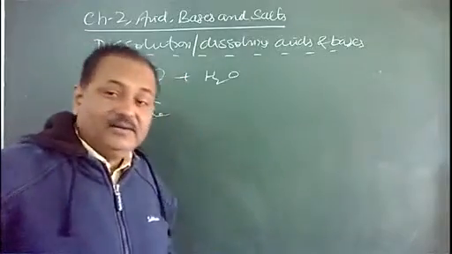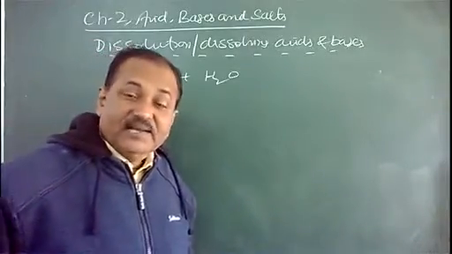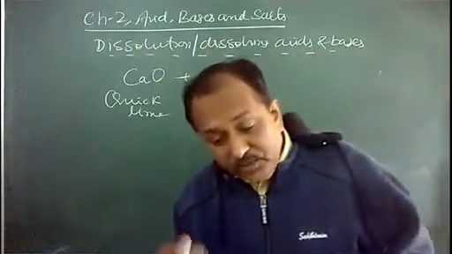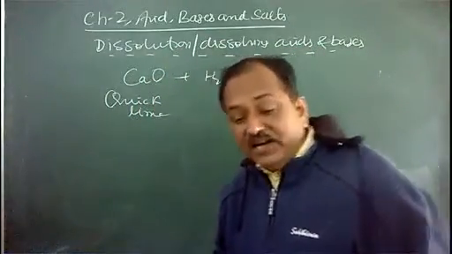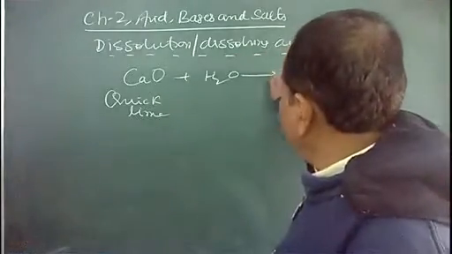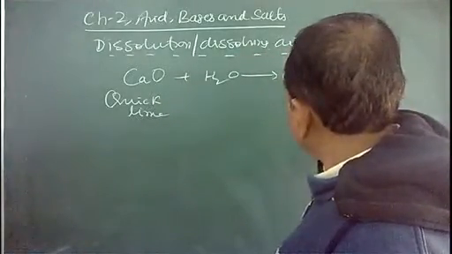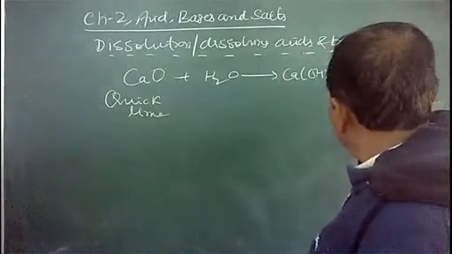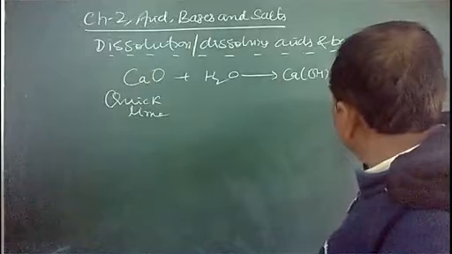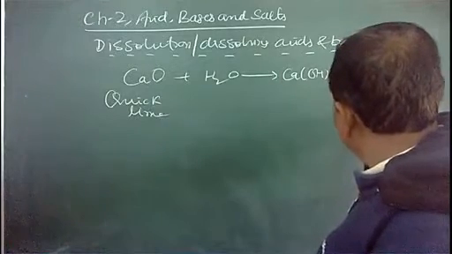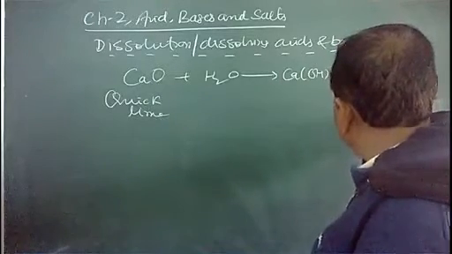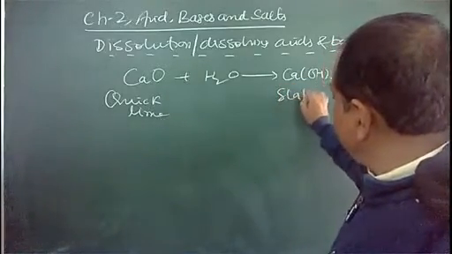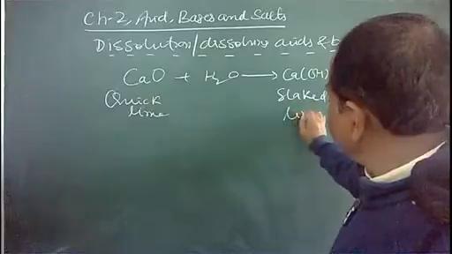When we add water, what happens? There is the boiling of the water. The water present in the vessel starts boiling on its own, and there is formation of calcium hydroxide plus large amount of heat, and as a result, this is calcium hydroxide, this is slaked lime.